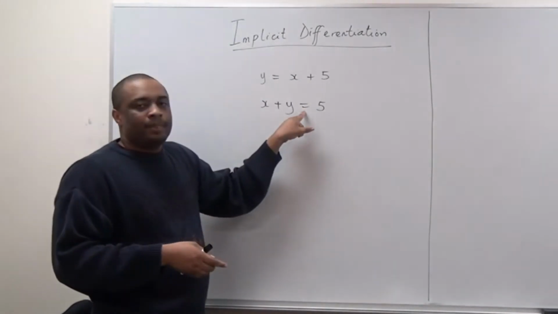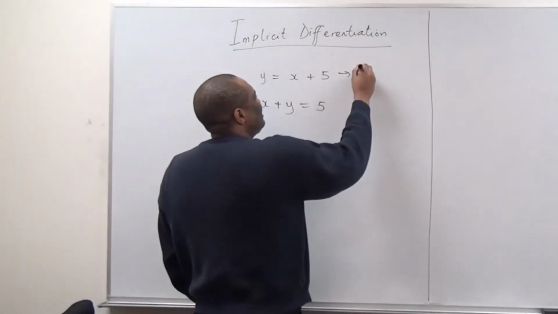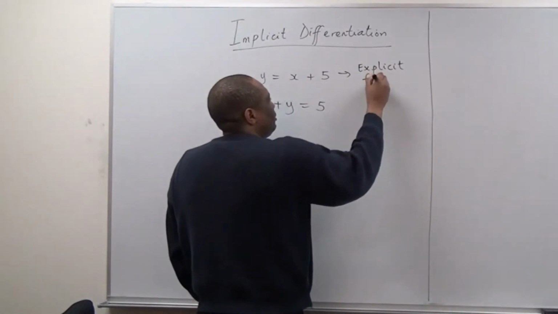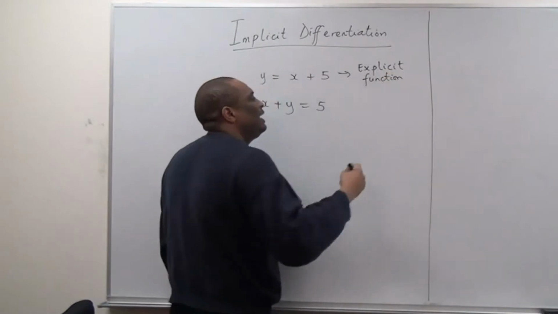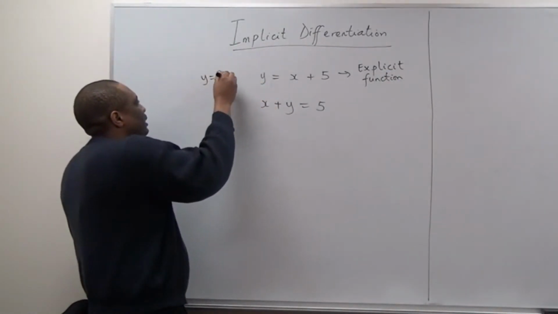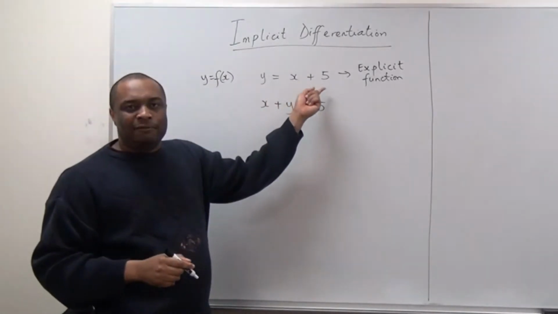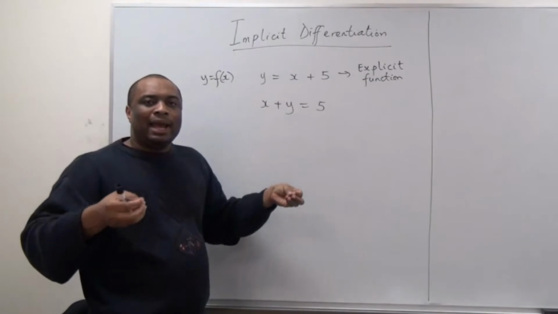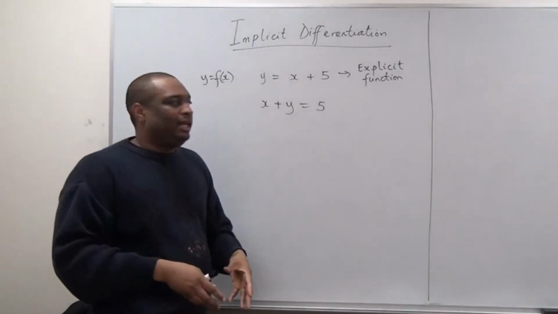So we will just call this an explicit function, because y is a function of x. Here you see y is a function of x. In this case, it is a linear function of x. But in this case, x and y are expressed implicitly.